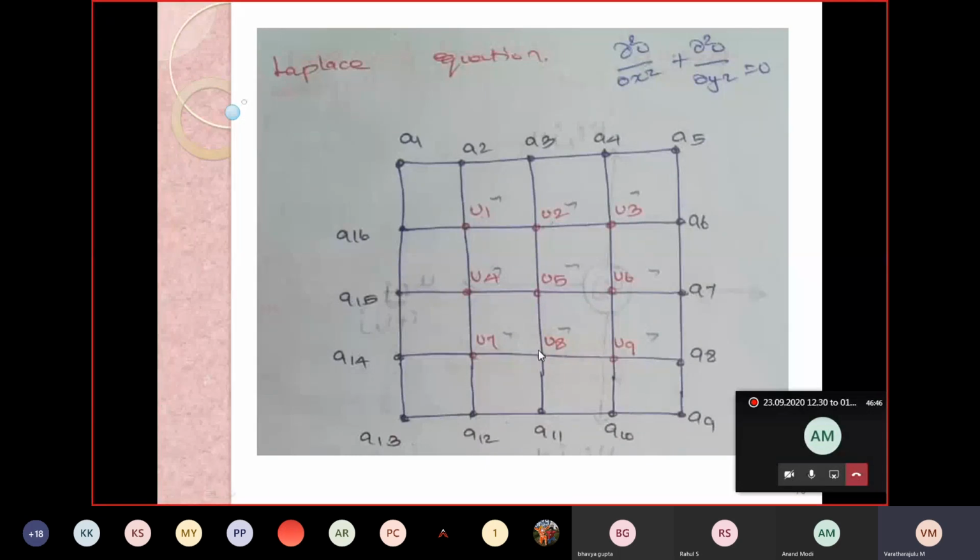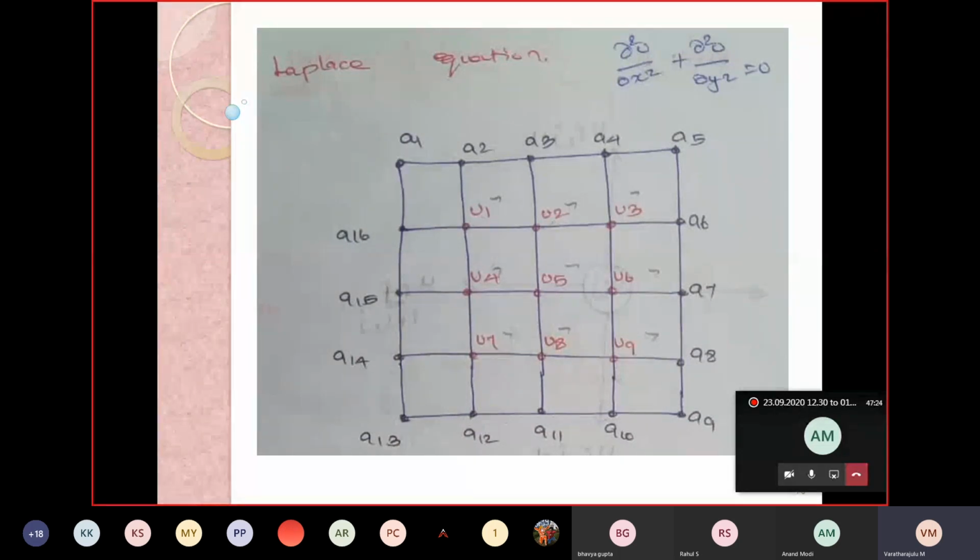Therefore, what we are going to do is find the value of U5 based on these 4 boundaries, that is A15, A3, A7, and A11. If U5 is known, we can apply the diagonal 5-point formula for finding U1, U3, U7, and U9. Got it?